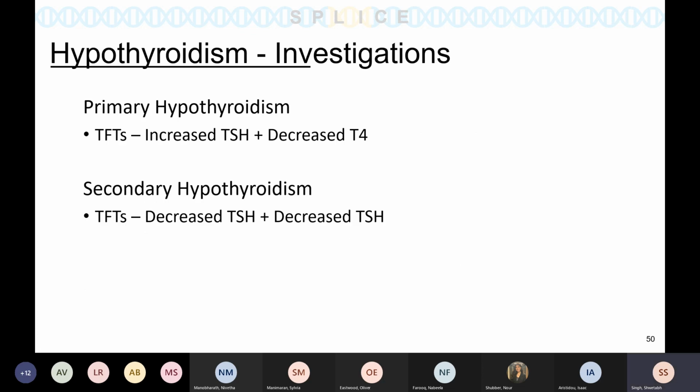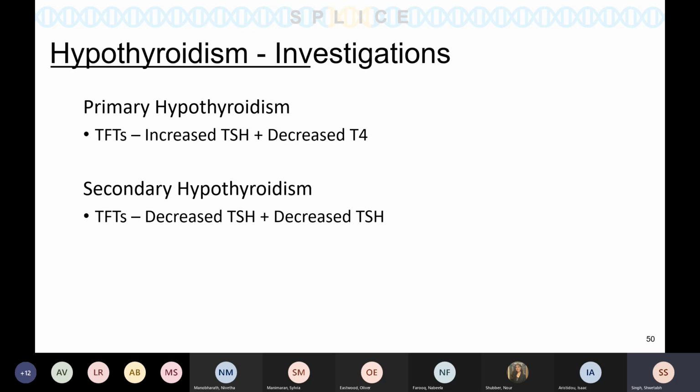Great. So investigations, primary hypothyroidism. So primary means the actual thyroid gland is mucking up basically, and you get an increased TSH and a decreased T4. Increased TSH because your body's picking up that it's not producing enough thyroid hormone, so it's trying to compensate by giving an increased TSH.